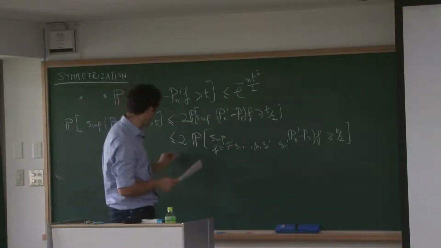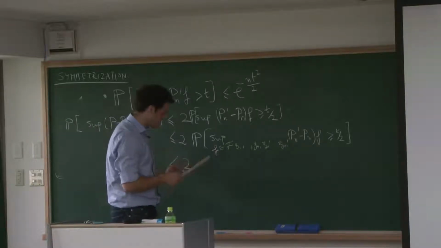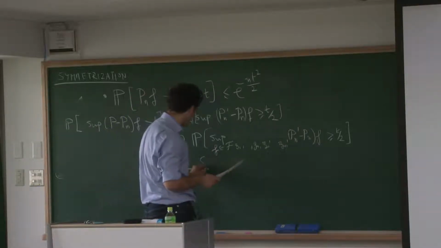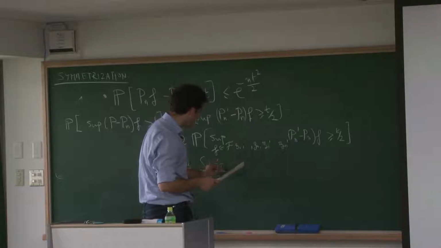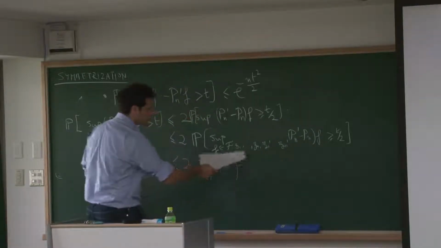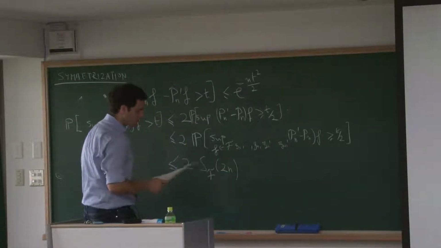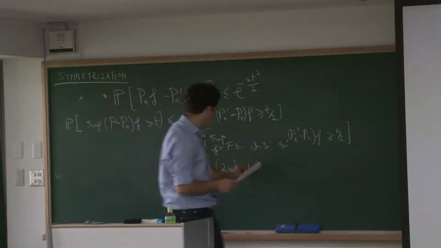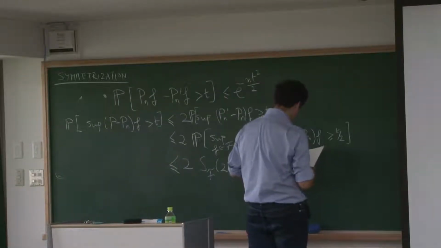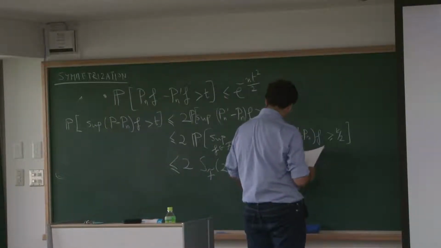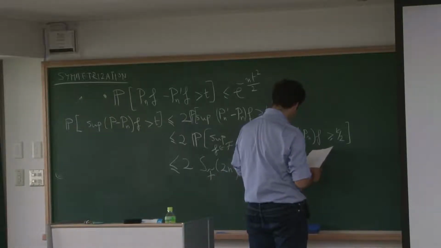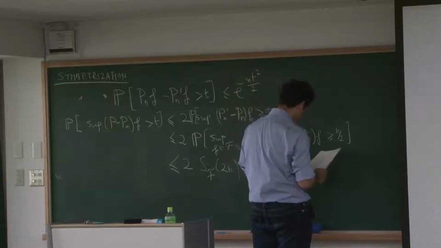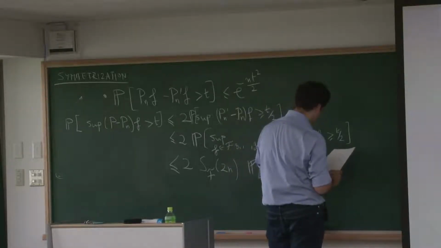So what you get is that this is itself smaller than the growth function of f of 2n, taking the probability with respect to 2 samples of size n of the deviation of Pn prime minus Pn of f bigger than t divided by 2.